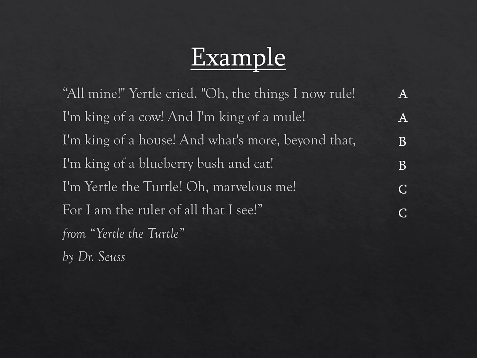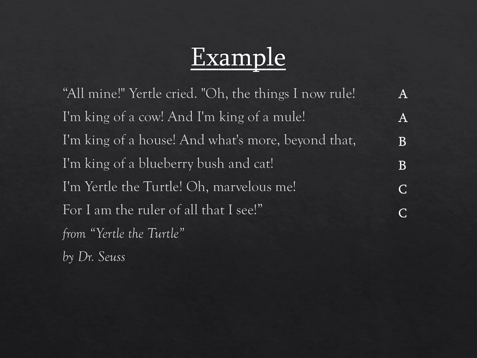Now for the third line, the sound is that, which is not the same as mule and rule, hence we use the next letter of the alphabet, B. The next sound is cat. Cat rhymes with that, so we copy the letter of that to represent cat.